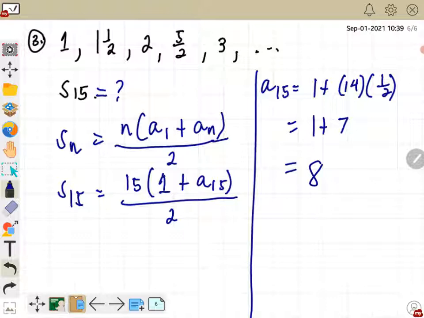So we have simply 15 times 1 plus 8, divided by 2.